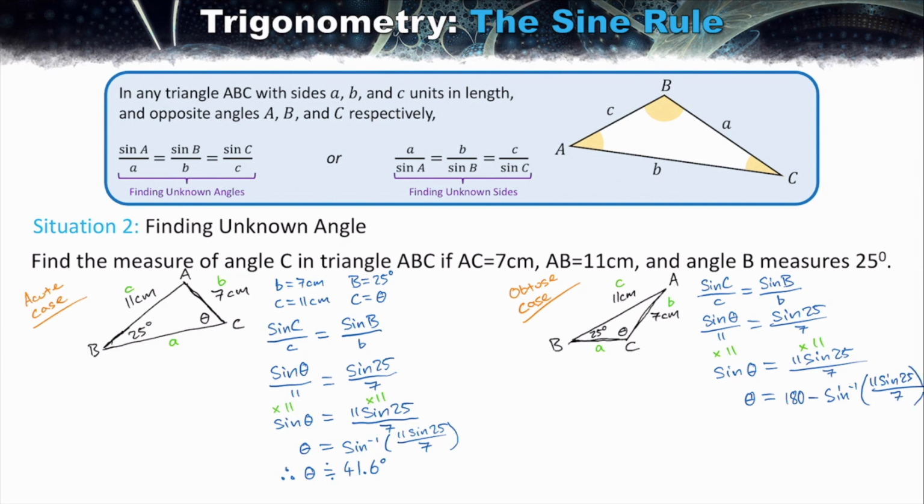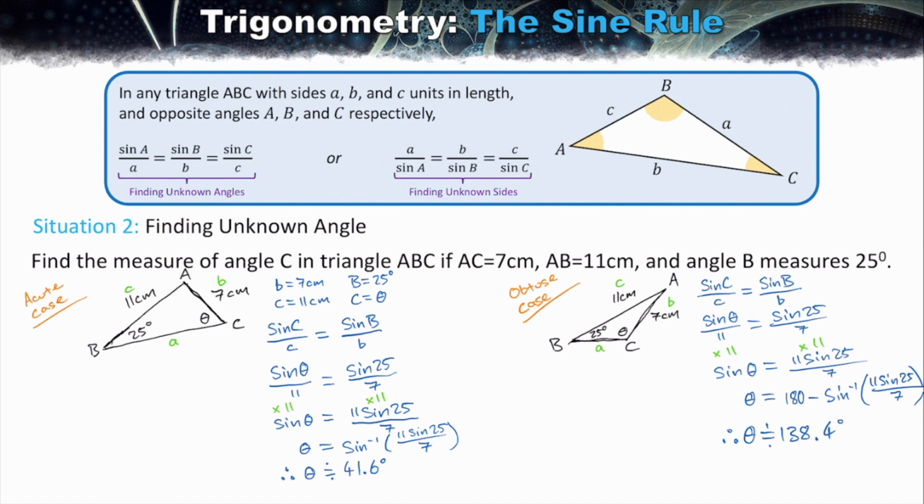I've already done the sine inverse of all this, and that was 41.6. So I just go 180 minus 41.6, so my theta is approximately equal to 138.4 degrees.